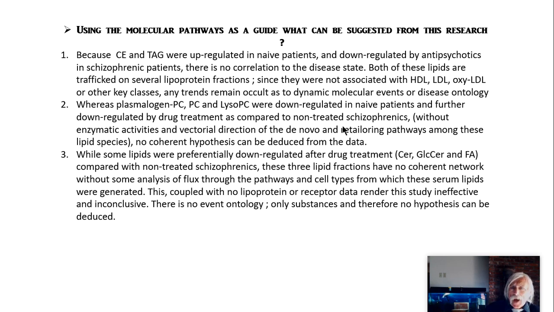As compared to the non-treated schizophrenics, without enzymatic activities and vectorial direction of de novo and retailoring pathways, the ones I just showed you, among these lipid species, no coherent hypothesis can be deduced from the data. I don't see any hypothesis you can get from here. You can't make any kind of hypothetical deduction for any way of deciding if these results can be put into the paradigm consensus largesse of understanding of this pathway in terms of endophenotypic biochemistry.